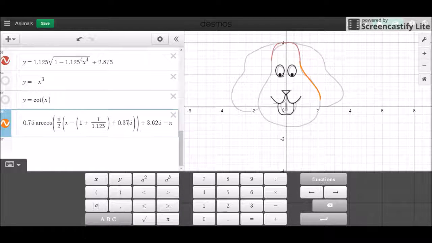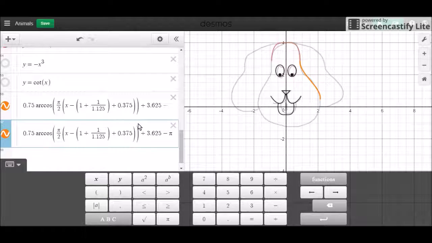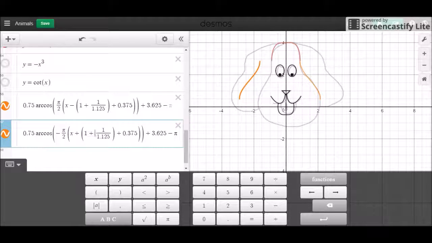Alright then, since we're still here, we can just reflect this over. So instead of making that, we're going to add, and we're also going to flip the entire thing around.